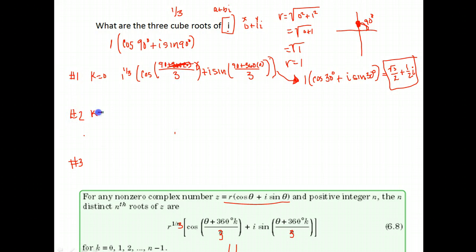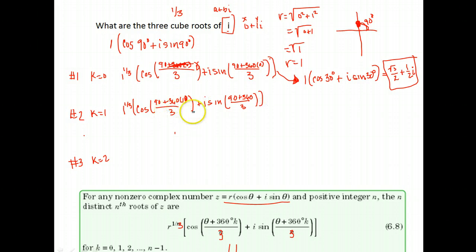So this time our k is going to be 1, and when we get down here, our k will be 2. So we still have 1 to the 1/3 power. Cosine of our angle, 90 plus 360 times 1, divided by 3 still, plus i sine of that same angle, 90 plus 360 times 1, divided by 3.